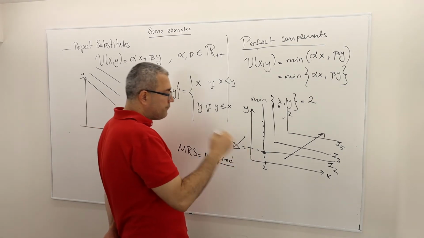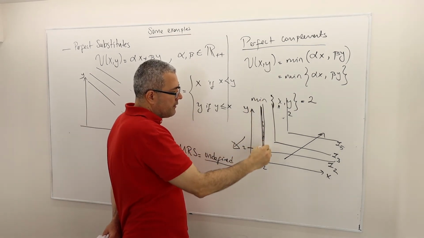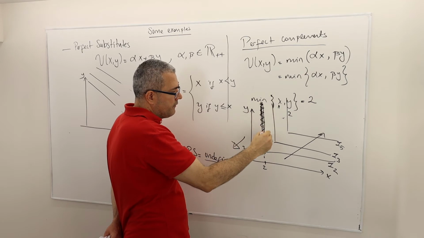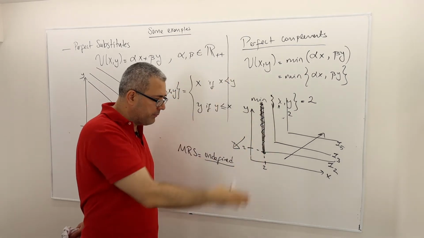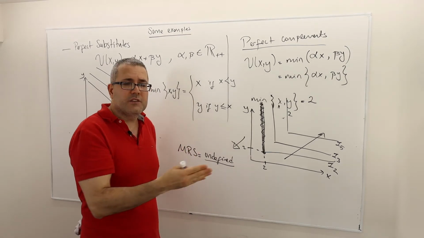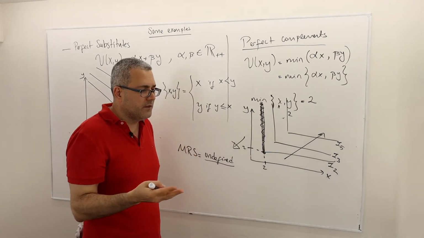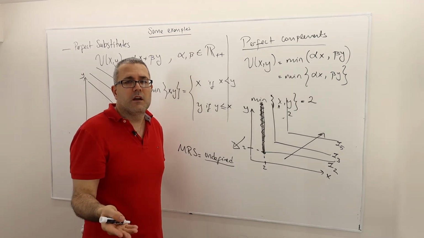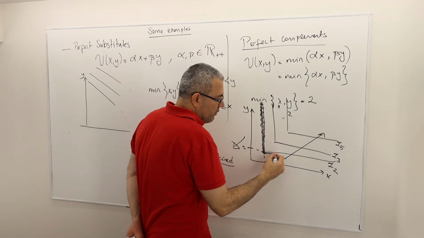Well, why is that so? Because in this region of my indifference curve, the slope is what? It's completely perpendicular, and the tangent of this perpendicular line is infinite. It's not well defined. It's undefined. Well, what about here on this horizontal axis?